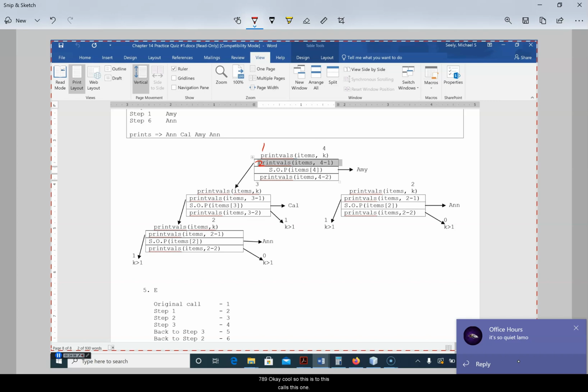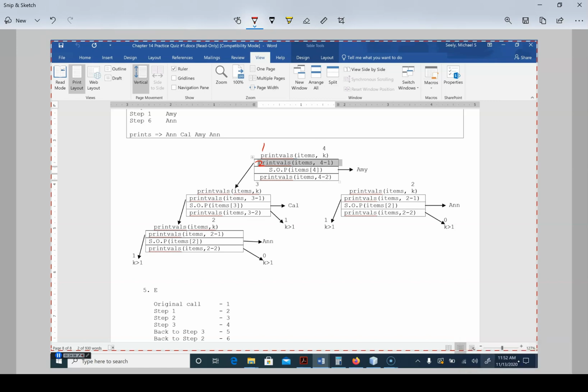Okay, cool. So this is 2. This calls this one, which is really 3, and then 4, then 5, then back up here 6, then back up here 7, then 8, and then 9. So your answer is E, 9.